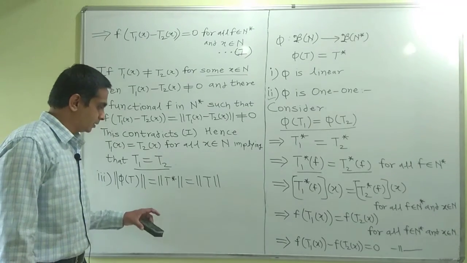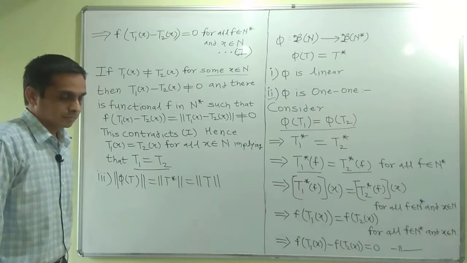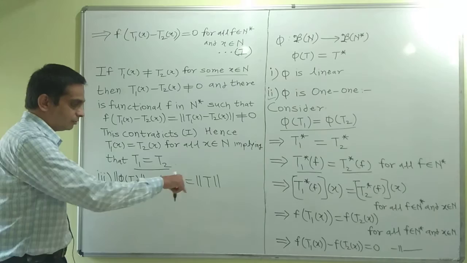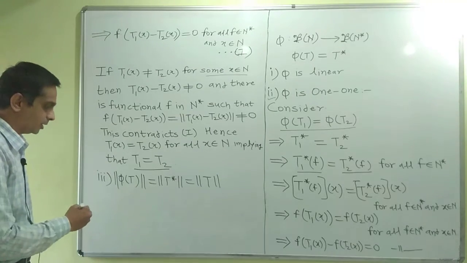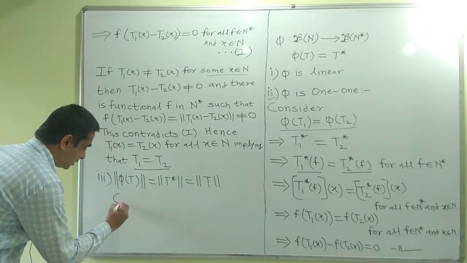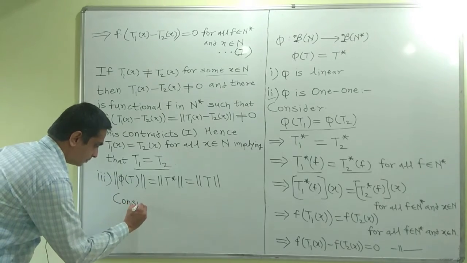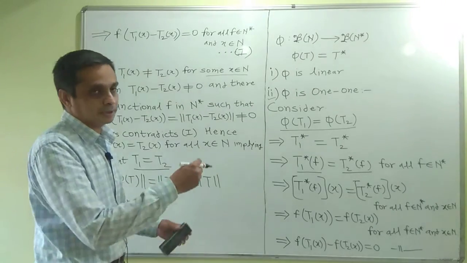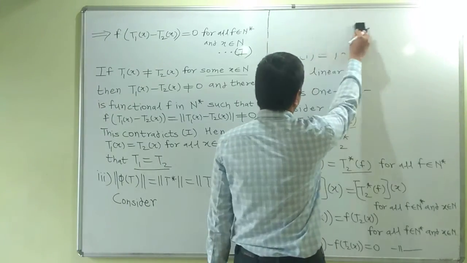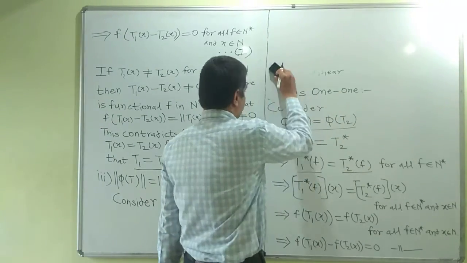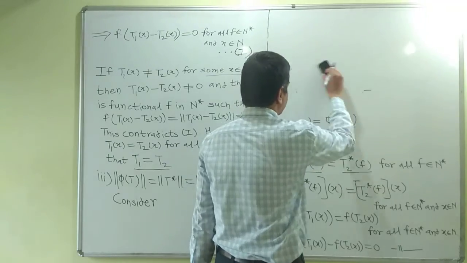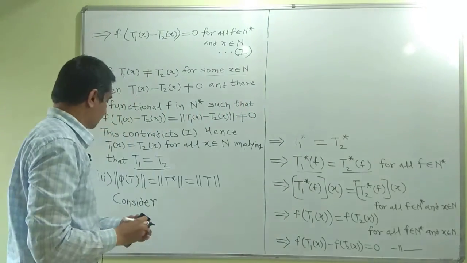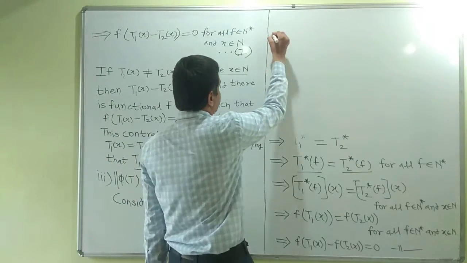First let us prove that norm of T star is less than or equal to norm of T. For that purpose, consider norm of phi T.